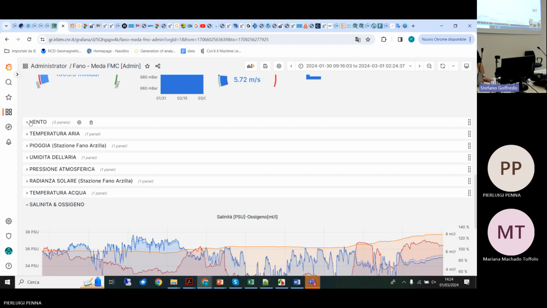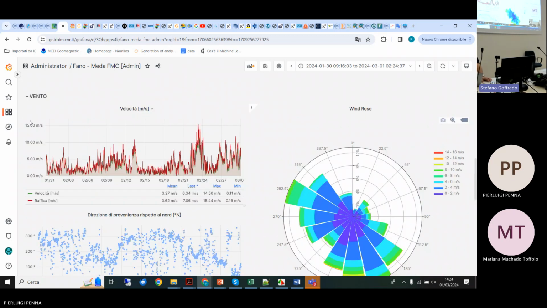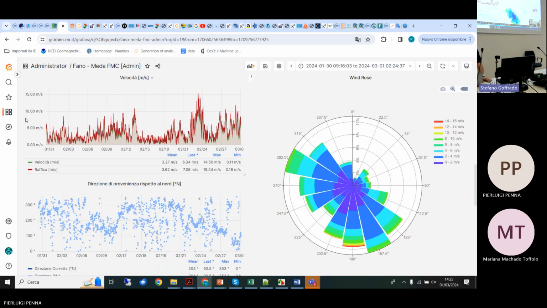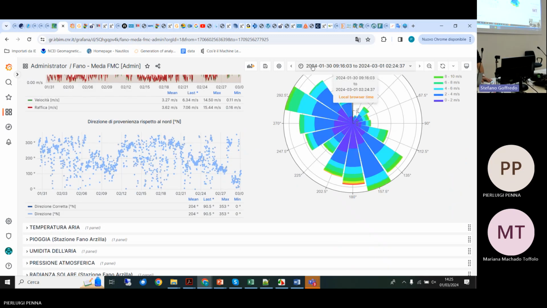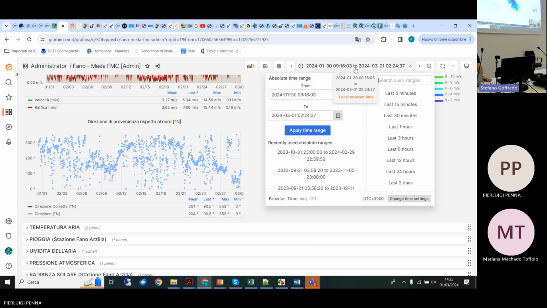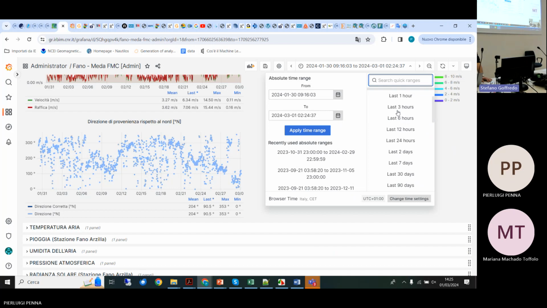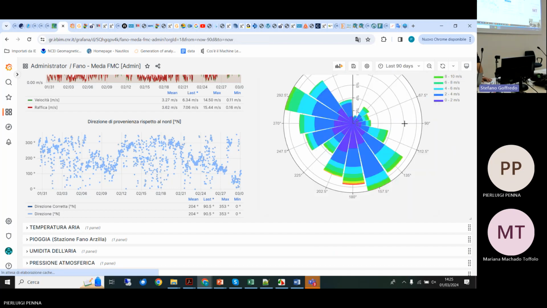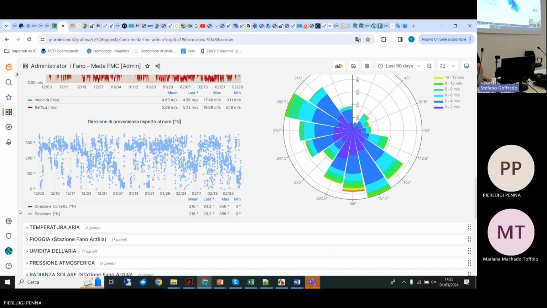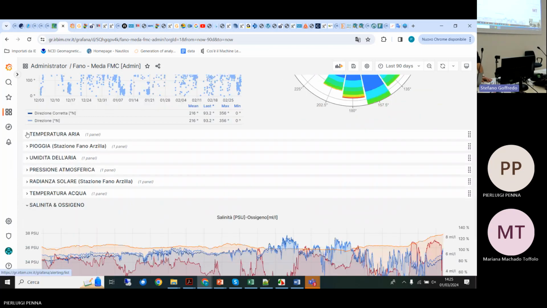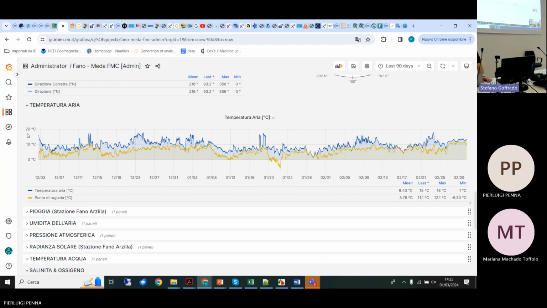So wind velocity and gust, direction. The spanning time is from the last day of January, but you can change like this, last 3 months. Okay, some statistic. Okay, temperature.